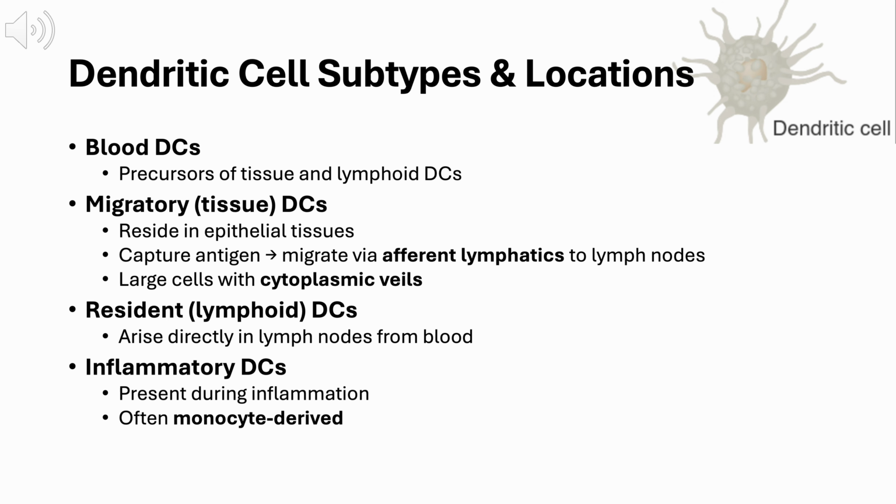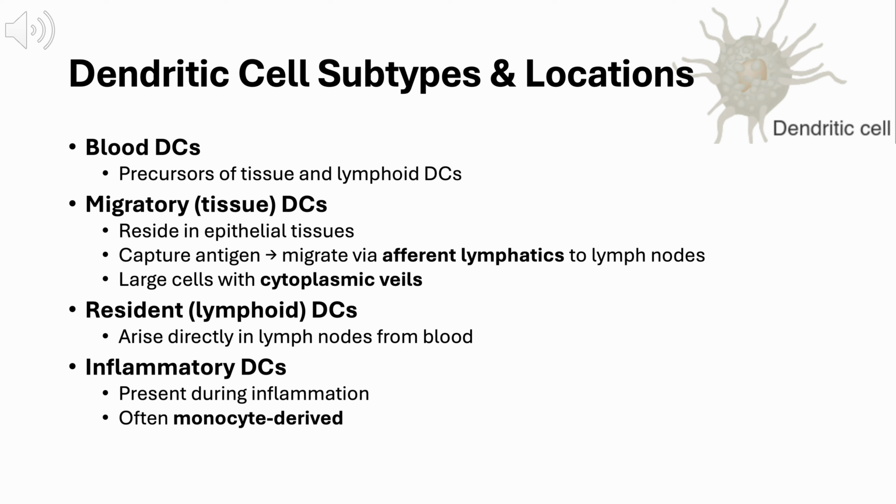Dendritic cells can be divided into several subtypes based largely on where they are found and how they enter tissues. Blood dendritic cells act mainly as circulating precursors for dendritic cells that will populate tissues or lymphoid organs. Migratory dendritic cells reside in peripheral epithelial tissues where they capture antigens.